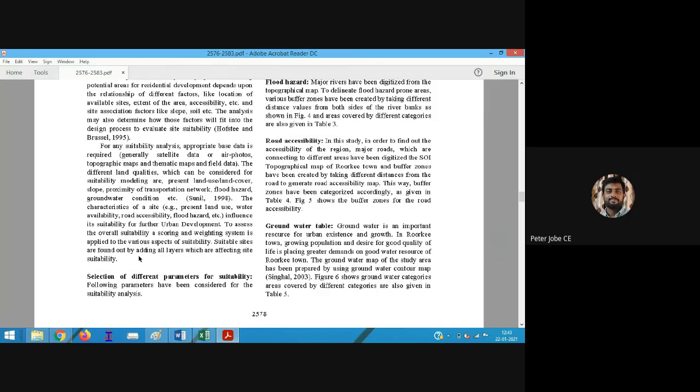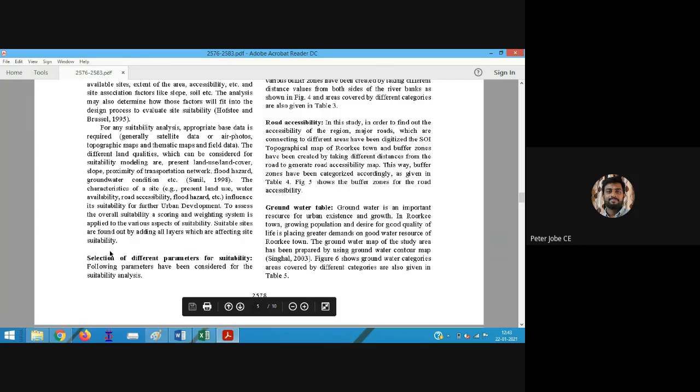That means they will categorize each layer into a different site aspect. It means one layer might be regarding the employment opportunities, another might be regarding the soil characteristics, another might be the availability of transportation facilities, etc. So what they do is they will add all these layers together and they will understand which area will be most suitable for urban development.